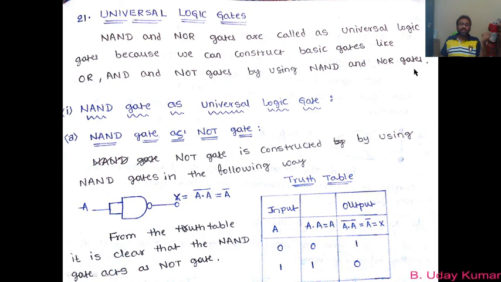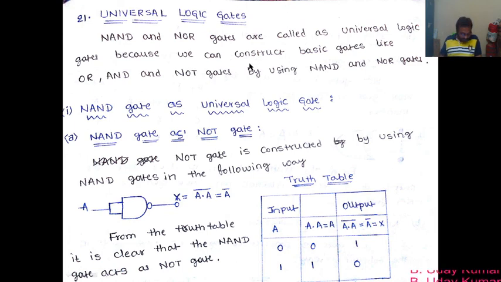Similarly, even by taking NOR gates only, you know what a NOR gate is, right? By taking NOR gates only, you can construct AND, OR and NOT gates, and hence NOR gate is also called a universal logic gate. So remember, NAND and NOR gates are called universal logic gates because we can use them to construct the basic gates. So what are basic gates? AND, OR and NOT gates. That's it. Since NAND and NOR can be used to construct the basic gates, we call these NAND and NOR gates universal logic gates.